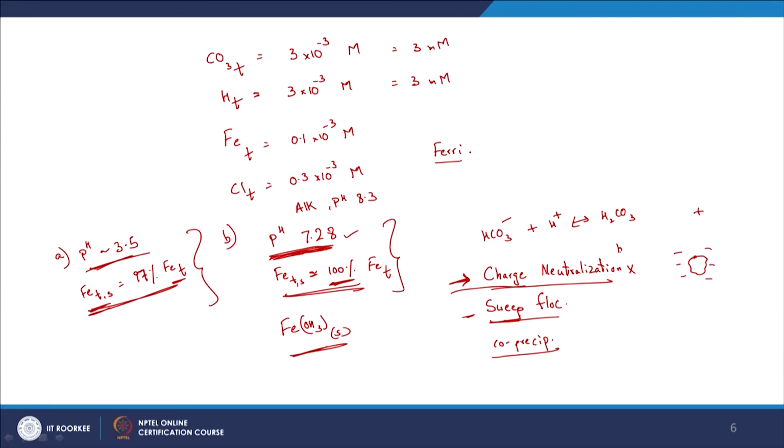So charge neutralization, if any is occurring, the purpose would be defeated if you add the base. Again, sweep floc is not going to be affected when you add the base, but the pH will further increase, defeating the purpose of charge neutralization, if any, that is occurring in the system. So for this particular scenario you would not add the base, but if the pH was very low, you can consider the addition of the base.